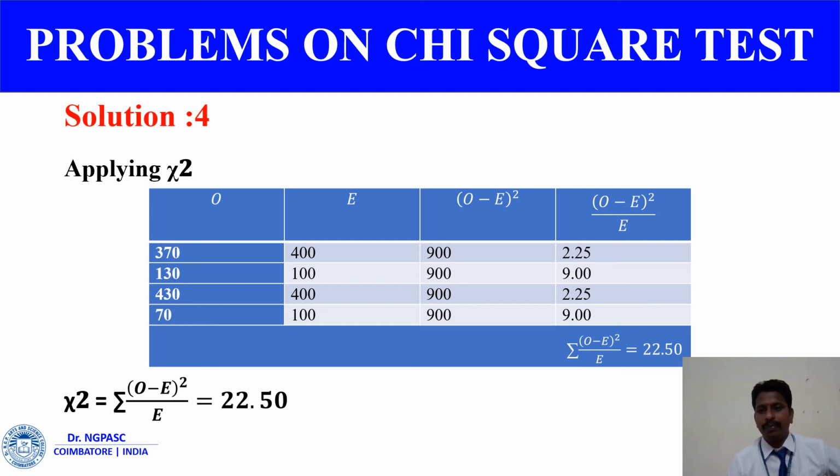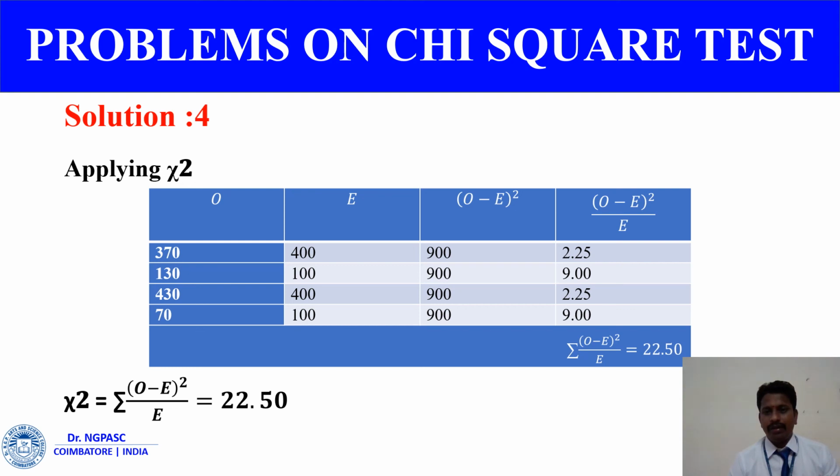Next, to calculate observed frequency minus expected frequency whole square by E. 900 divided by 400 equal to 2.25. 900 divided by 100 equal to 9. 900 divided by 400 equal to 2.25. 900 divided by 100 equal to 9.